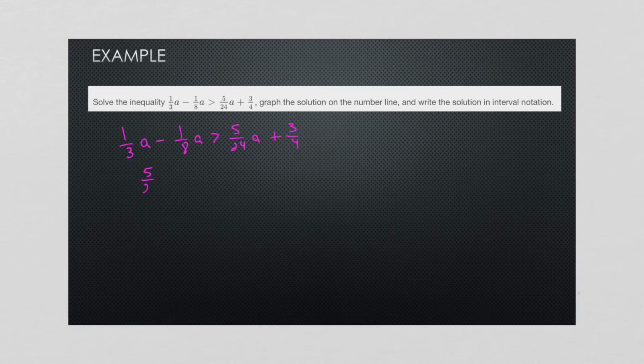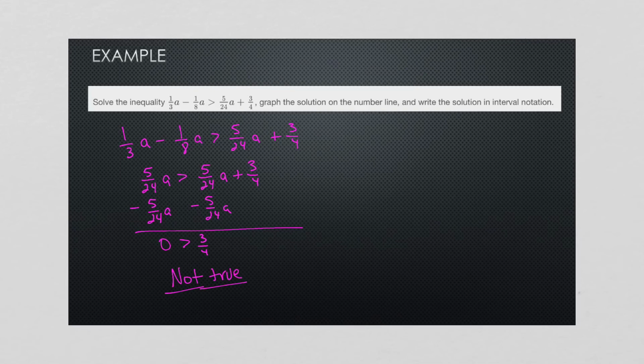So I get 5/24 A is greater than 5/24 A plus 3/4. So if I subtract 5/24 A from both sides, I get that 0 is greater than 3/4. Is that true that 0 is greater than 3/4? Not true, so there are no solutions. So there's no graph that goes with this.